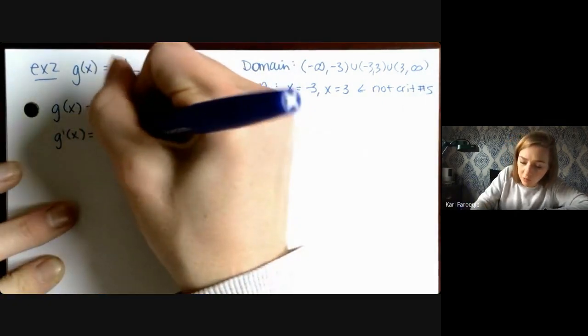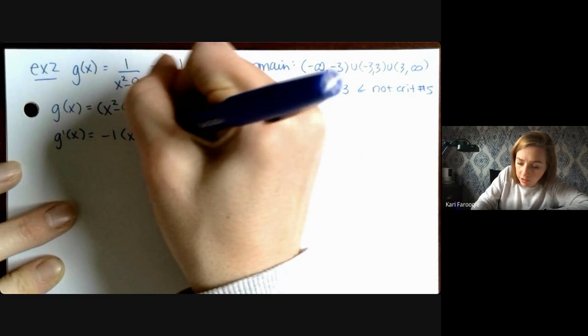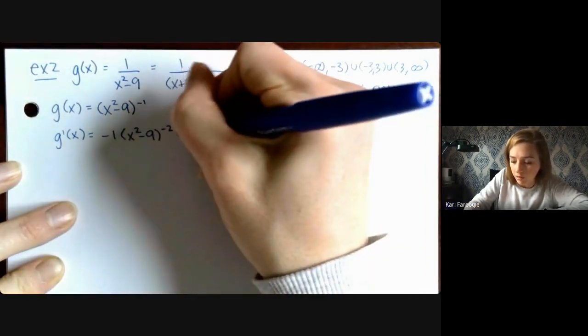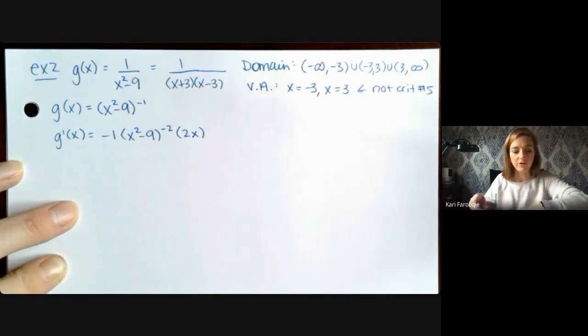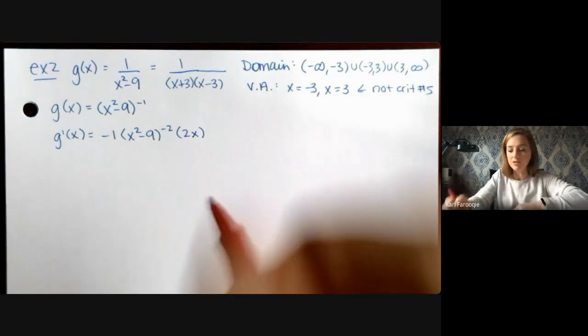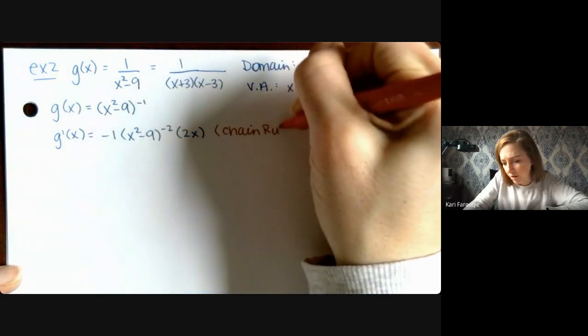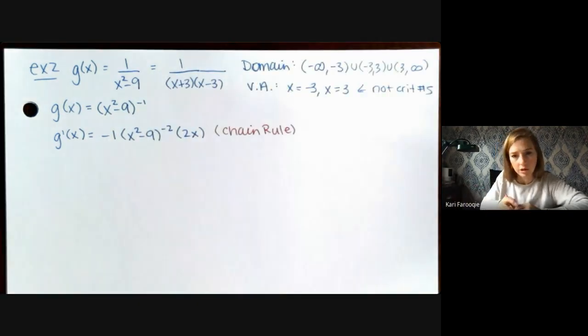So I'm going to bring the exponent down, rewrite the inside function, decrease the exponent by 1, and multiply by the derivative of the inside function. So remember that this uses the chain rule. I know I talked about how important the chain rule was, and I'm going to keep reiterating that because it is important.